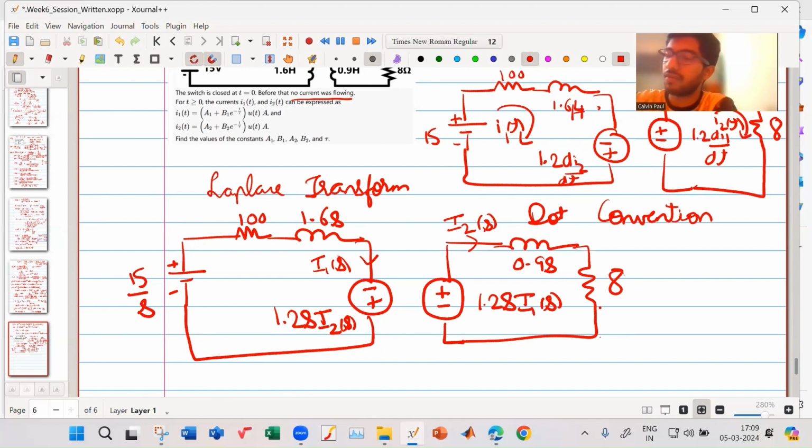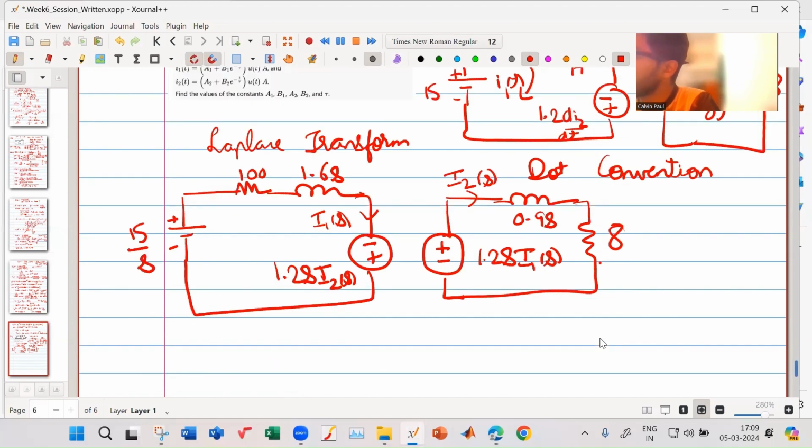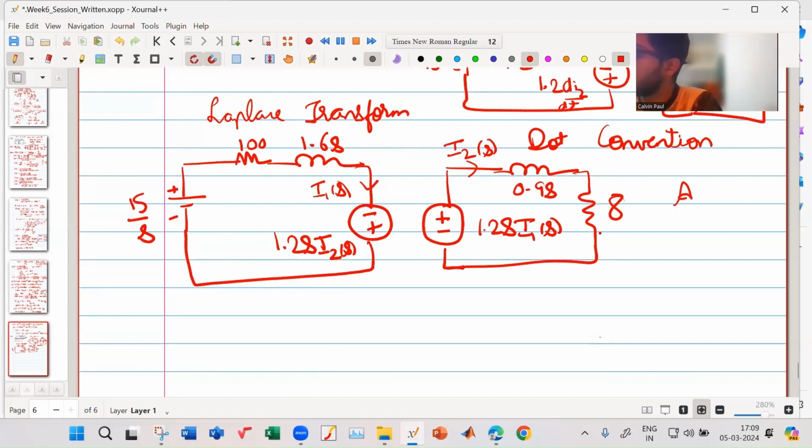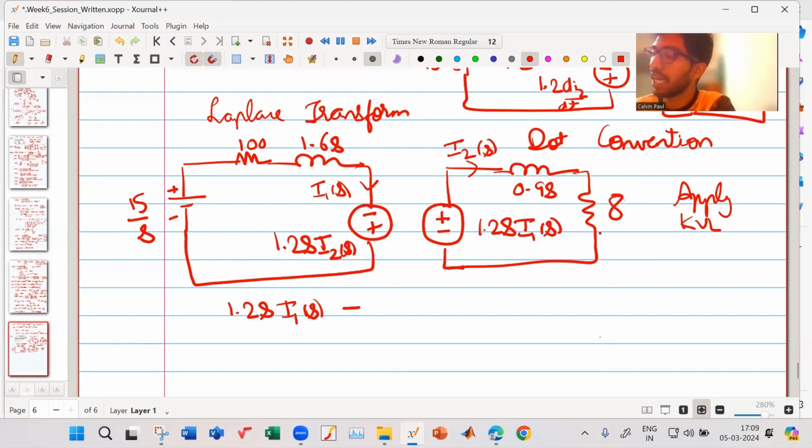Okay. Now we apply KVL in the second loop. If I apply KVL in loop 2, what will I get? 1.2 s I1 of s minus 0.9 s plus 8 into I2 of s is equal to 0. This is the equation.